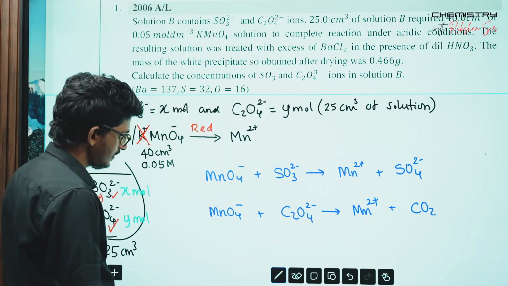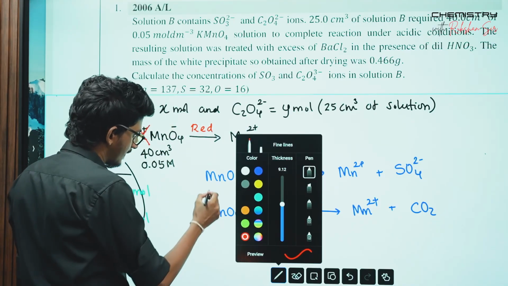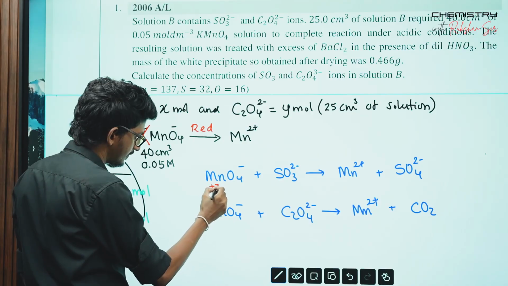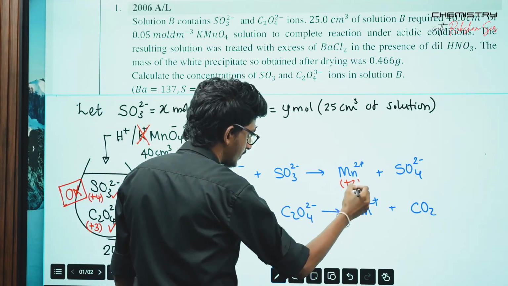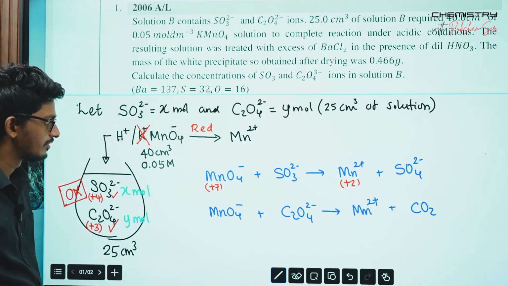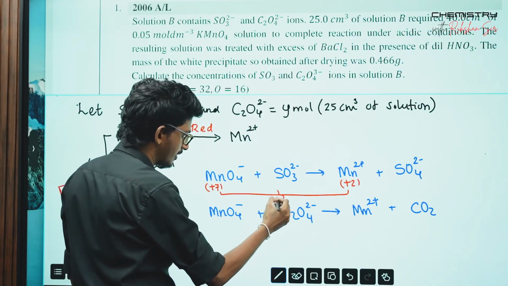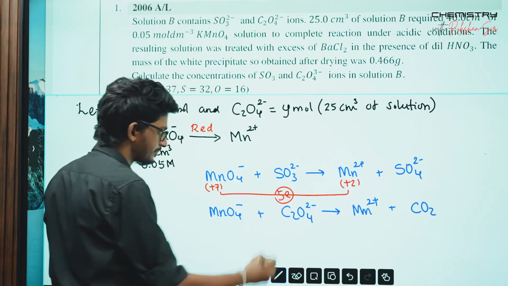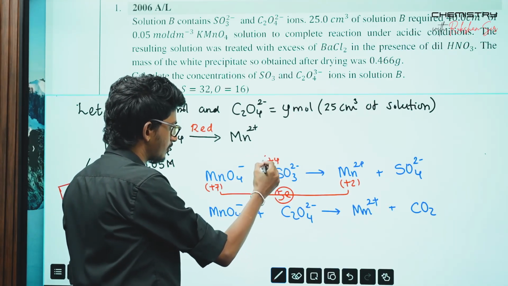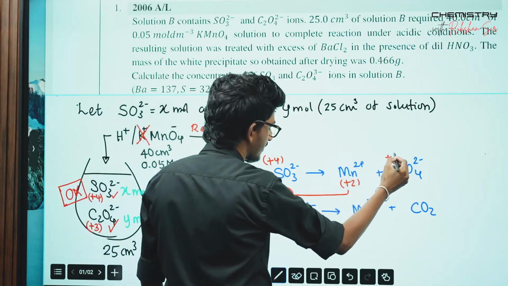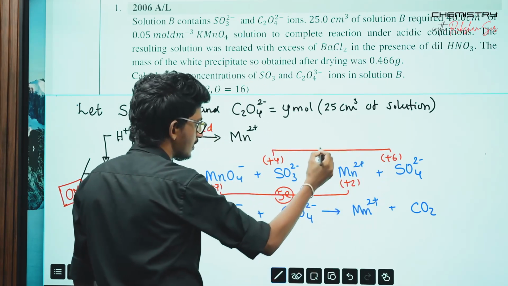Balancing. If you consider oxidation states here, this is plus 7, and this is plus 2. So there is a 5 electron difference. This is plus 4, this is plus 6, so there is a 2 electron difference.